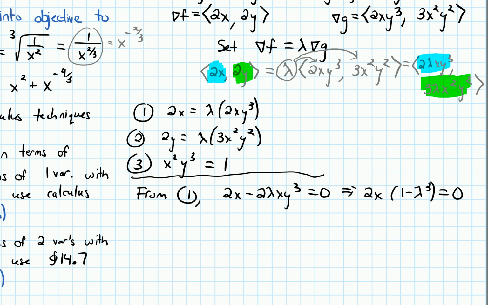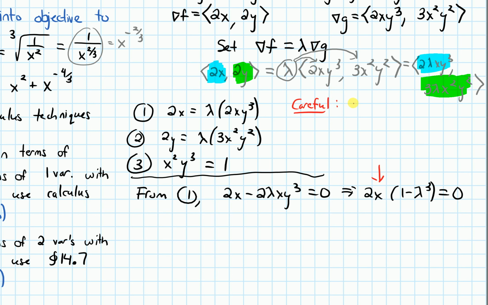Looking at this, it's really tempting to say, can I just divide by 2x? Even from the original equation, 2x equals lambda times 2xy cubed, that might have been your first thought: let's just divide both sides by 2x. We need to be really careful about that. That is actually not legal.